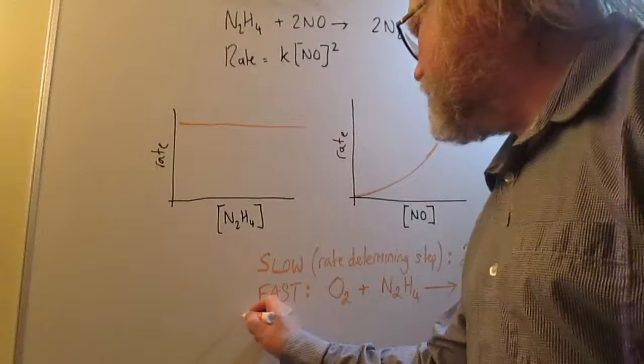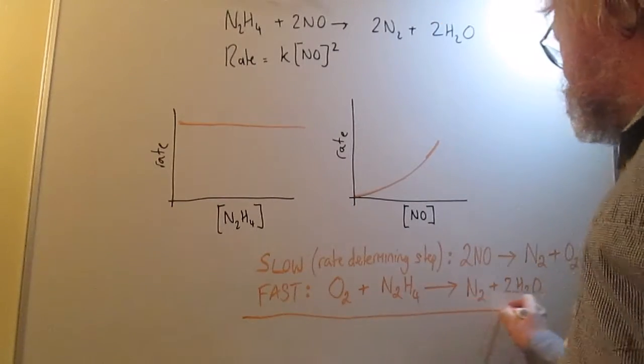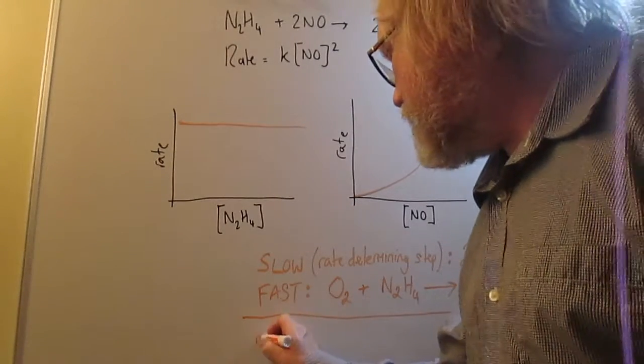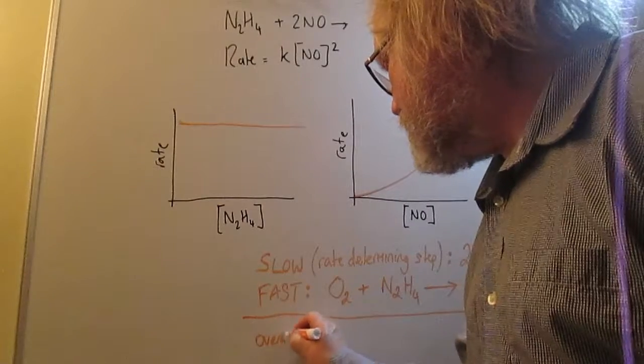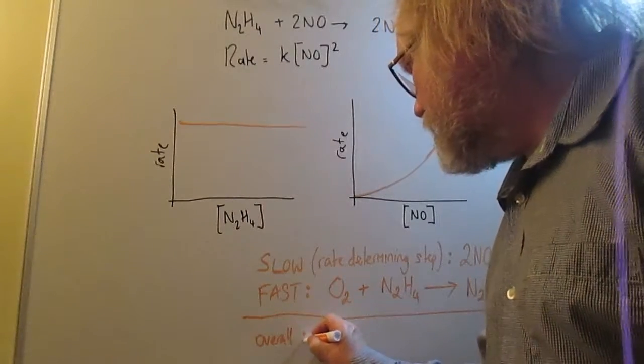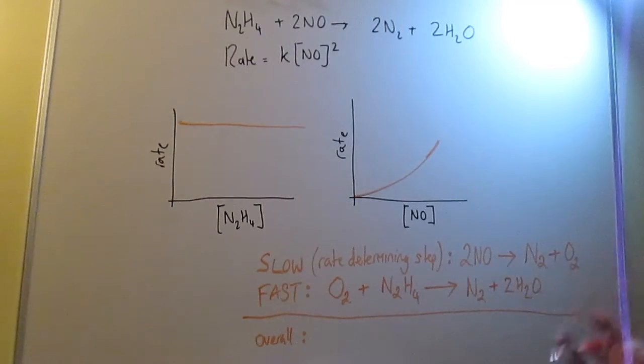But it would be quite a good idea to then just show that if you add those two steps up, it adds up to the overall reaction equation, because you ought to be doing that to check you've done it right anyway, and so it doesn't hurt to show it as part of your answer.